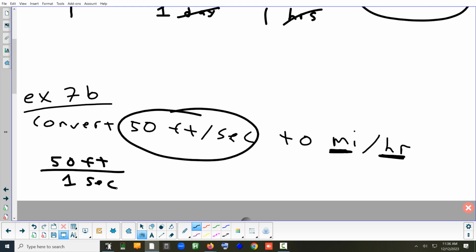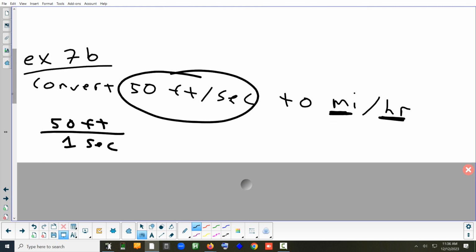So you're traveling 50 feet per 1 second. Now it doesn't matter which unit you fix first. We can convert the distance or the time first. Which one do you want to try first? Time. Okay, so the first thing we're going to do is we're trying to get seconds to hours. What's the unit we're going to go through in the middle? Minutes. Where would seconds go? It's in the bottom here.